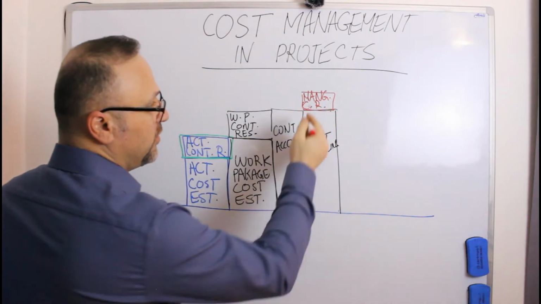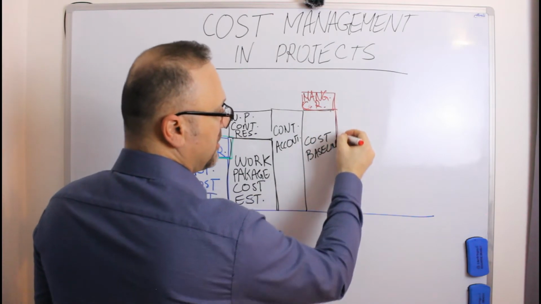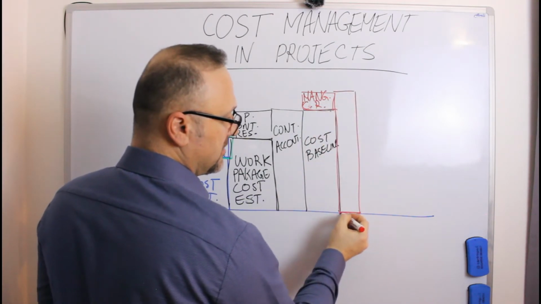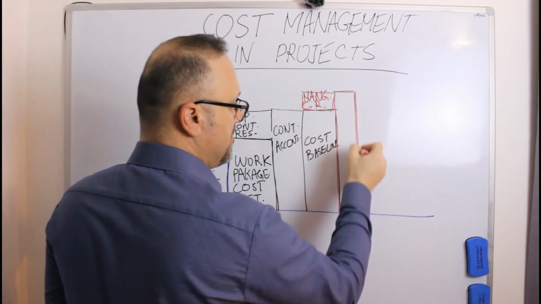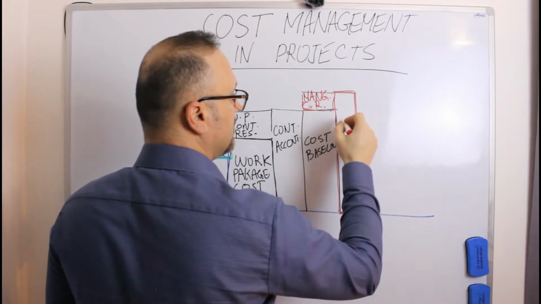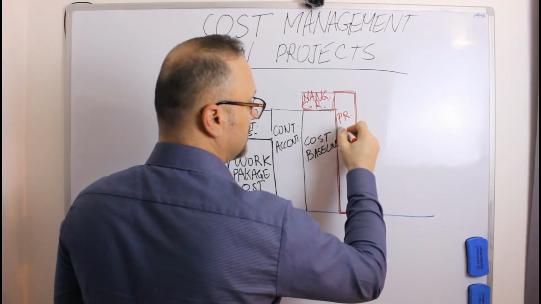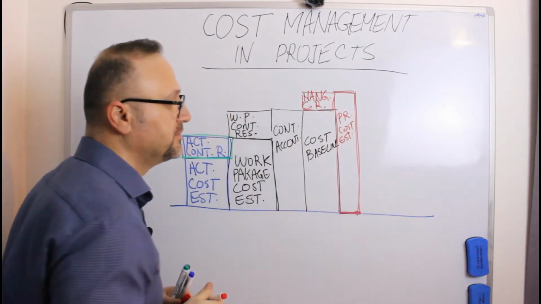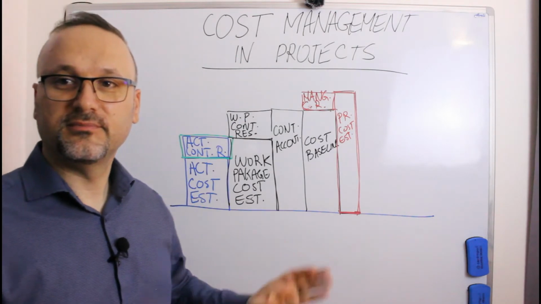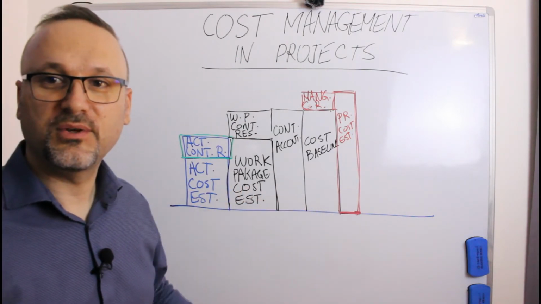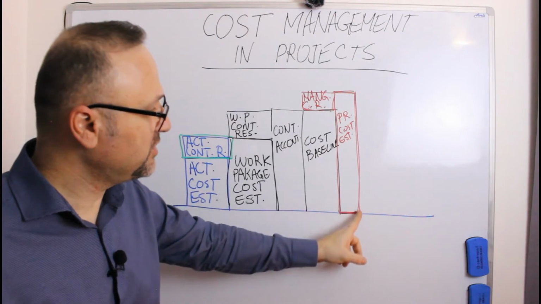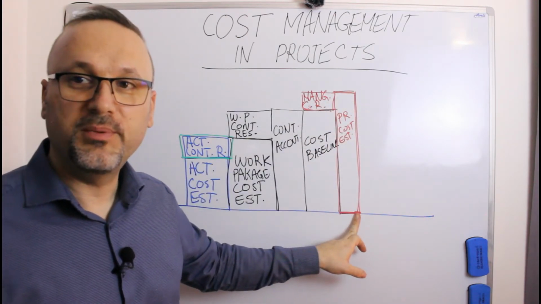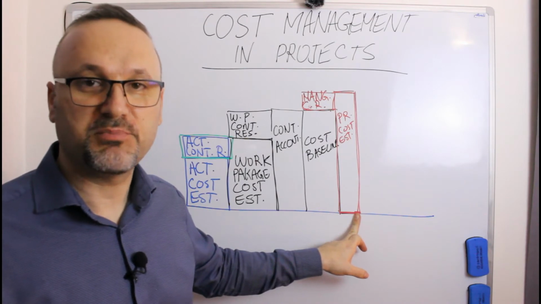And all together with the management contingency reserve and the cost baseline, this is the project cost estimation. So the management will consider this amount of cost will be in this project.